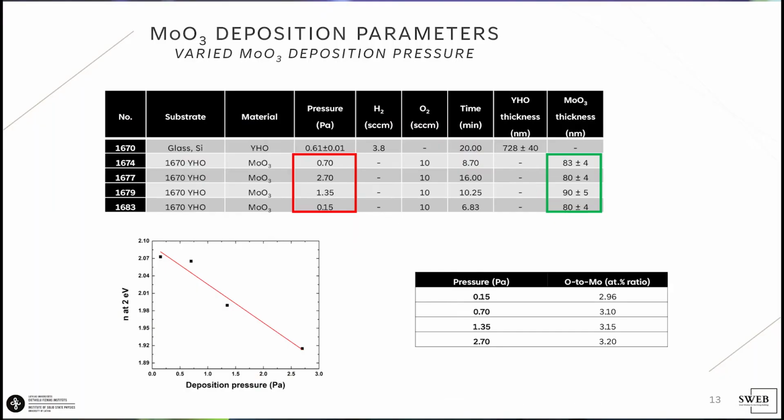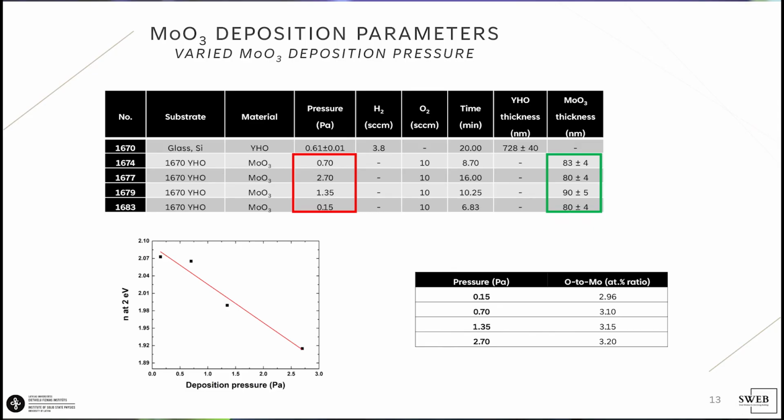All other parameters were the same. During the second set, we tried to keep the molybdenum thickness the same, around 80-90 nanometers, but we changed the deposition pressure of it. And in general, in magnetron sputtering, we change the density of the material by doing this.